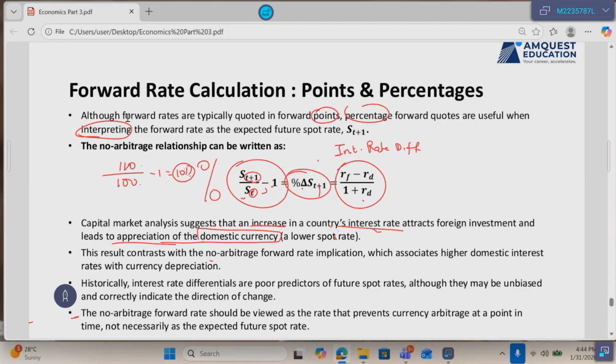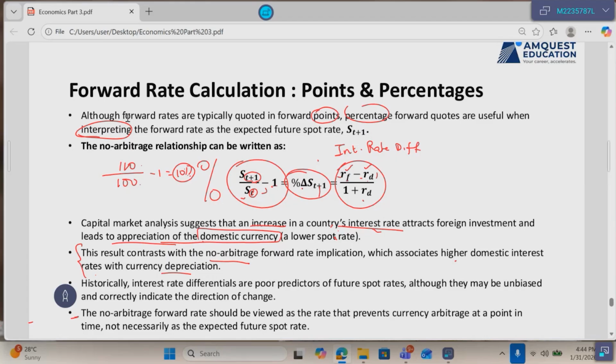And similarly, when the no arbitrage rule, what do we say? But here we say higher interest rate leads to higher appreciation. So in this formula, if you notice, we are actually saying the higher the interest rate, the more the country's rate will appreciate. That is wrong theory as per economics.